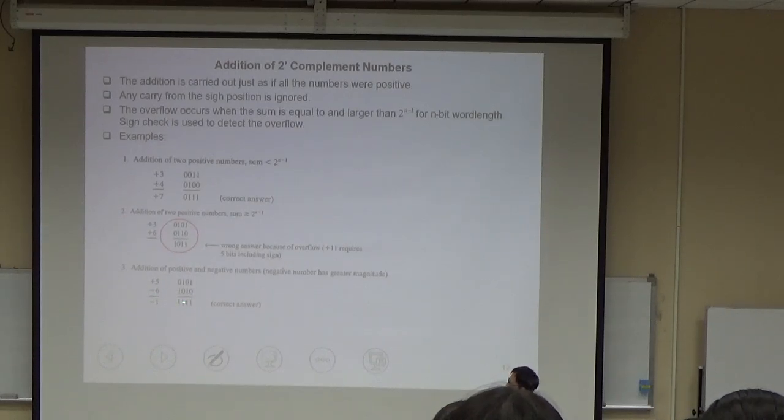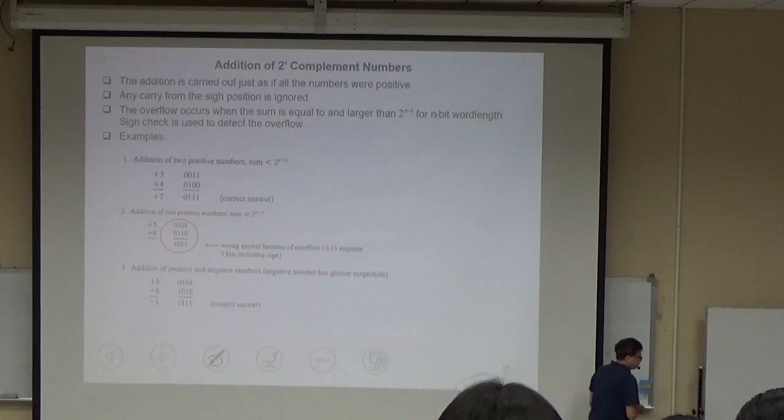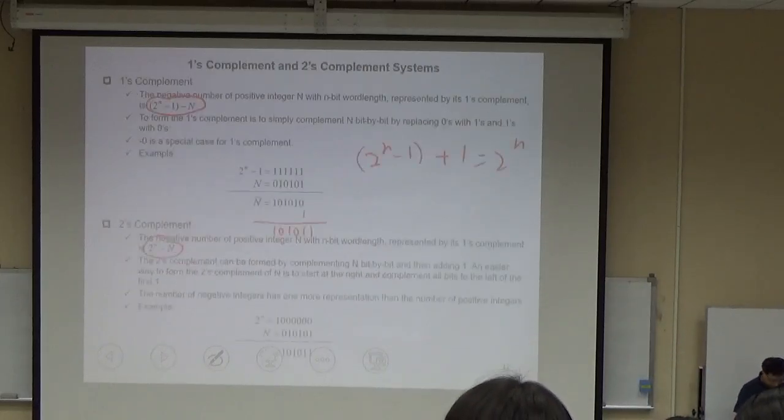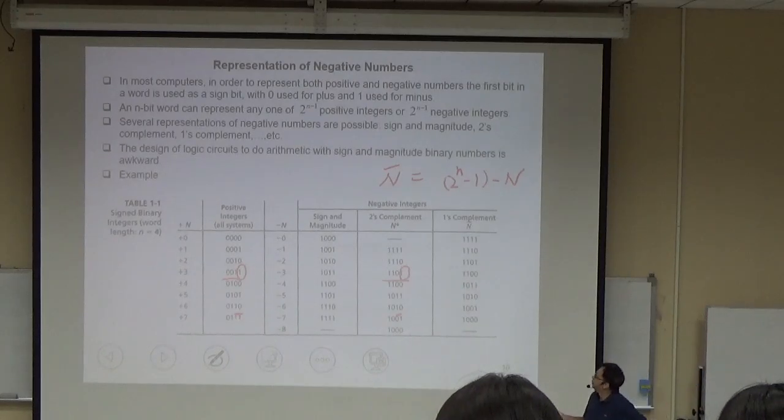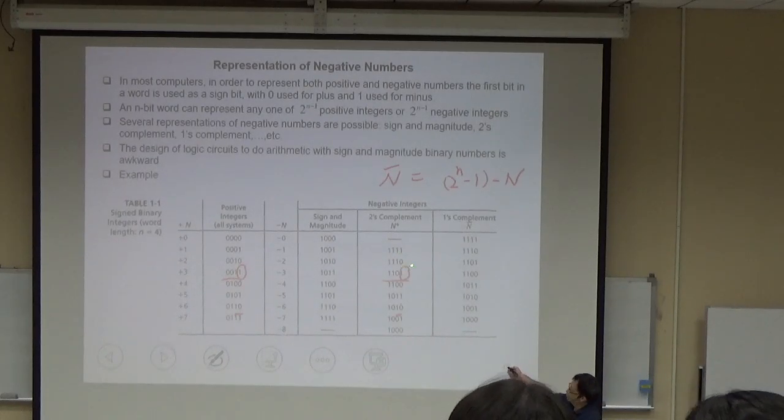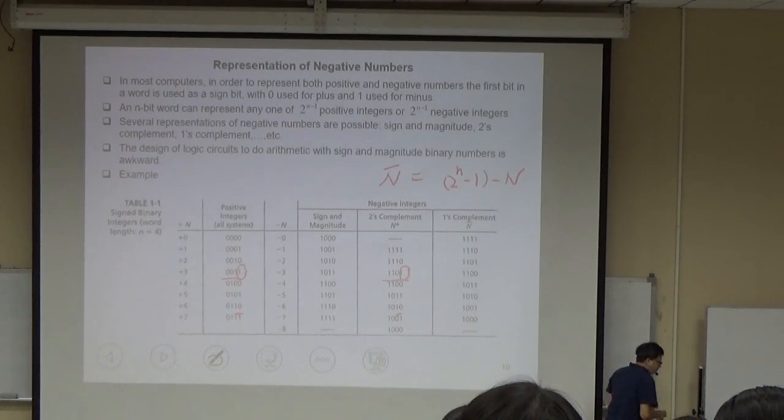You can check, this is all ones. All 4 bits are equal to 1 right here, and they equal to -1 in the two's complement system.